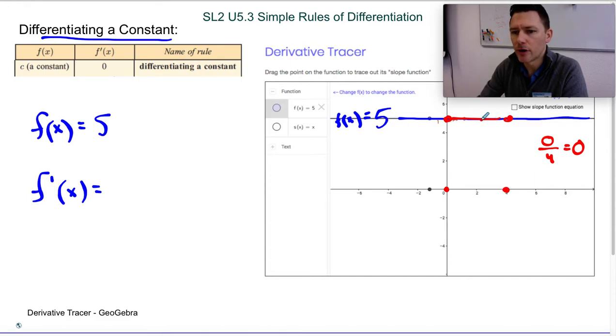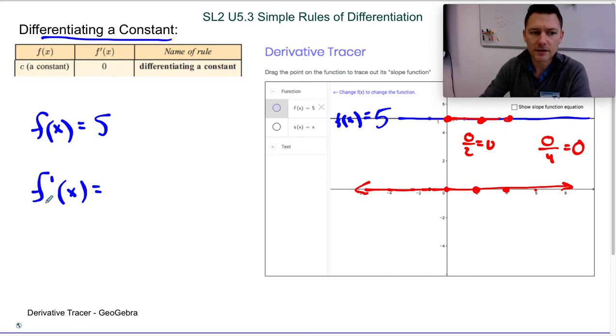And as you brought this closer, if you use 2, you'd rise 0 and run 2, and so you'd have a point here at 2 comma 0. Same thing here, right? And this would just make you a nice horizontal line at 0.